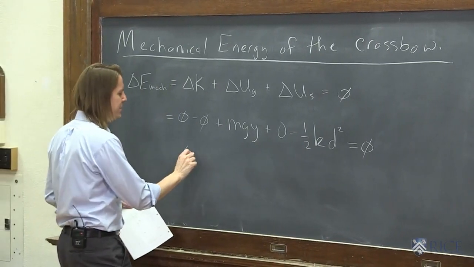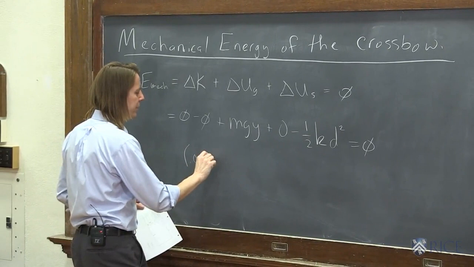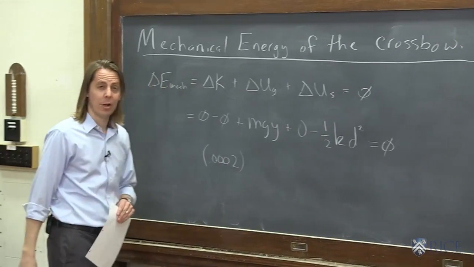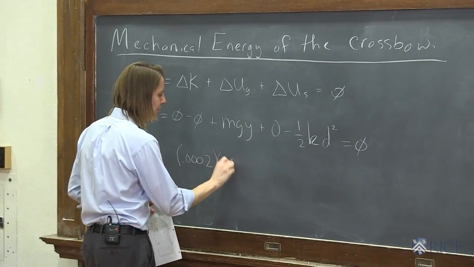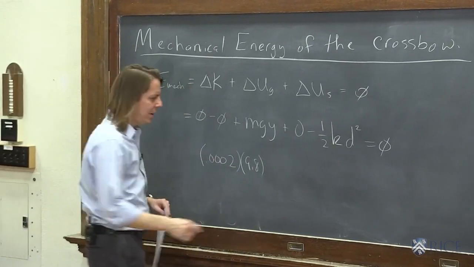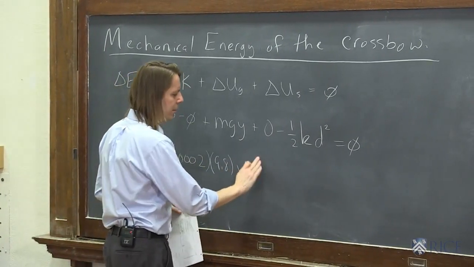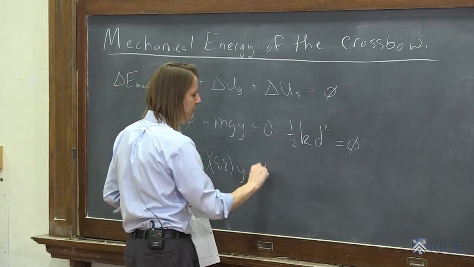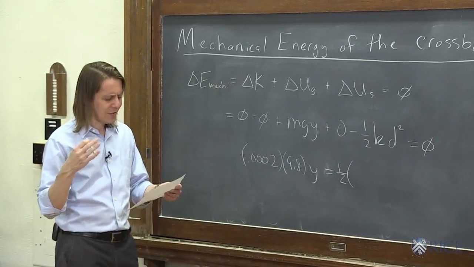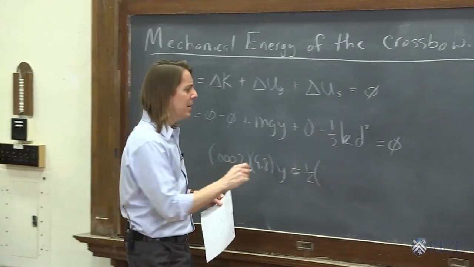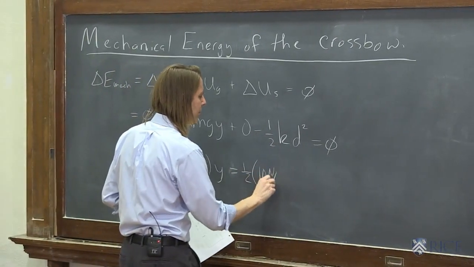The mass of a match is roughly 0.2 of a gram, right? So in kilograms, 0.0002 kilograms. Gravity, 9.8. y is what we're looking for. We can bring this to the other side and say equals 1/2 k of the spring. I kind of measured it. It's a nonlinear spring, so it's a little tricky, but it's about 10 newtons per meter.